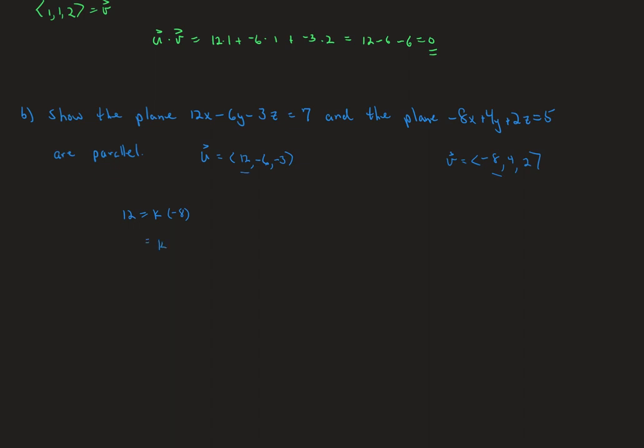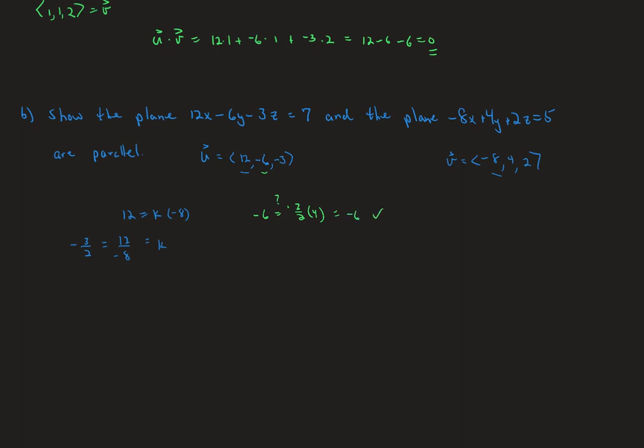And that tells us that if these really are going to be parallel, that our k is going to be negative 12 divided by 8, which is negative 3/2. So now we'll see if that works for the other components. So negative 6, is that going to be negative 3/2 times 4, and in fact that is true, so that works.